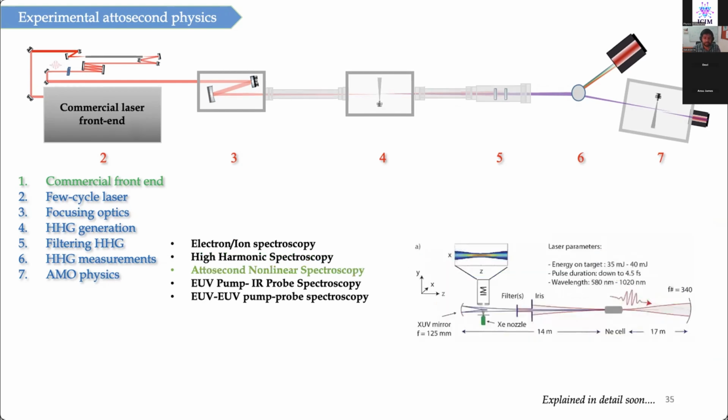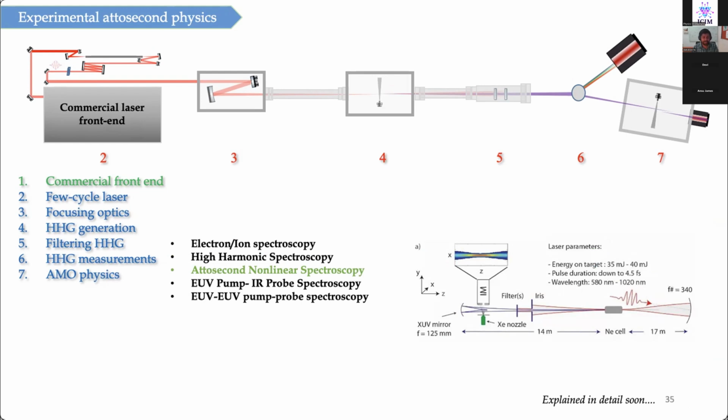Now, attosecond nonlinearity. The nonlinearity you have studied in your classes is basically two photon absorption, two photon processes. But what we look at is two photon ionization. Can we do two photon ionization? It's like you send in a photon and then extract.